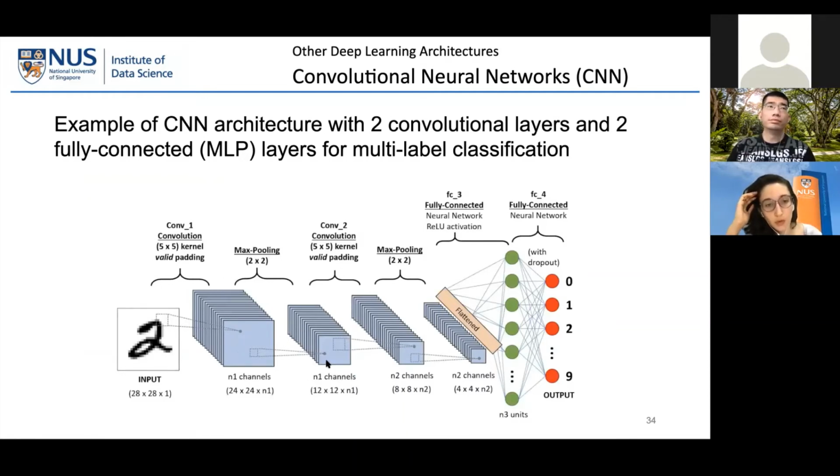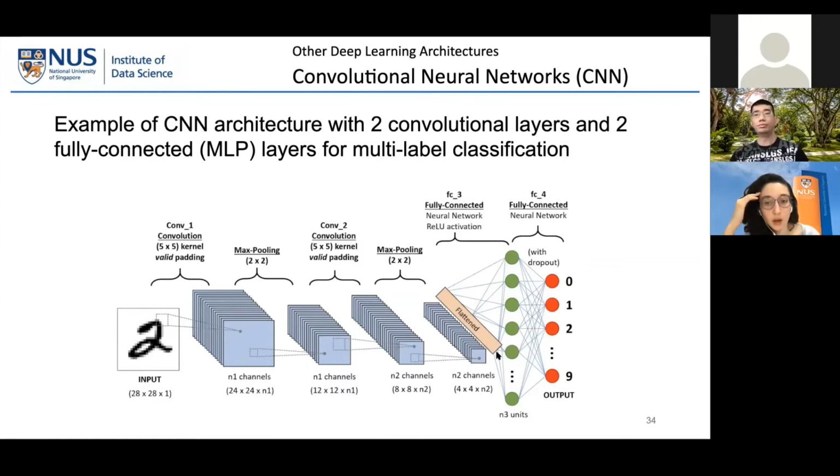You may want to use convolutional layers to do that. Okay, but maybe in the end you will end up with high-level features that are extracted from this image. But then in the end, the question you want to answer is, is it a 2, a 3, or a 4, right? Which digit is it?